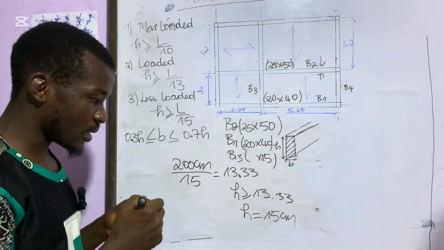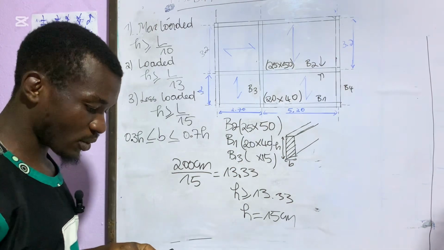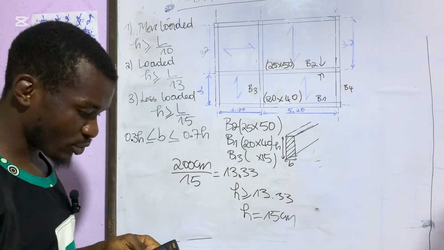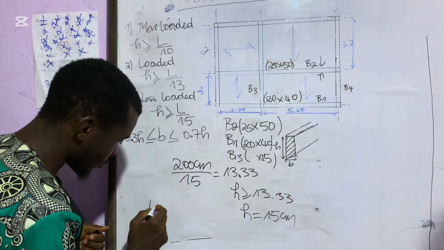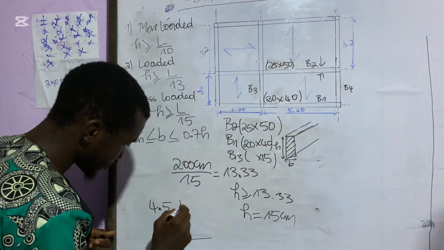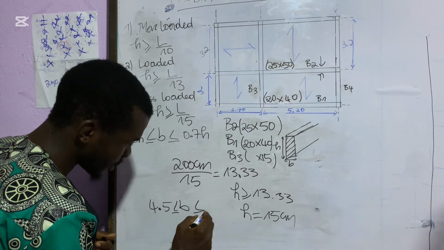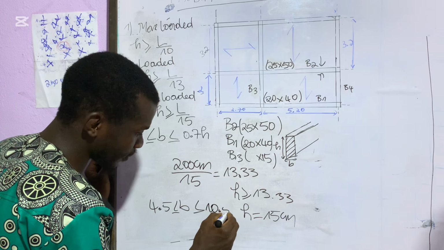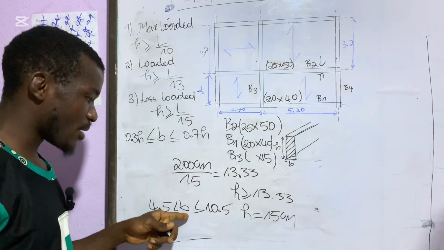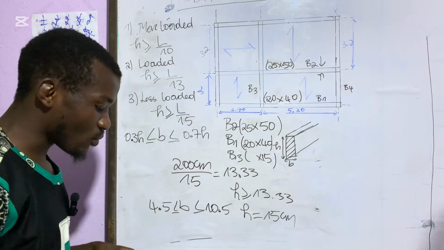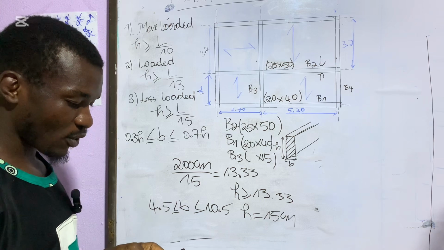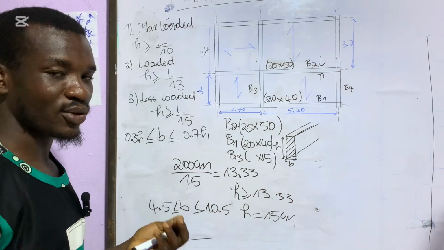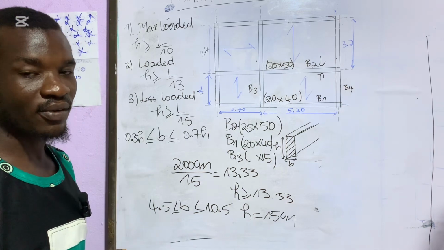Now we just find the width of B3, 0.3 times 15, it gives us 4.5, less or equal, and here we do the same calculation, it will give us 10.5. Here now we know that b should be between these values. Here we will no more take the mean, because if we take 4.5 plus 10.5, it will give us 15, divided by 2, it will give us 7.5.